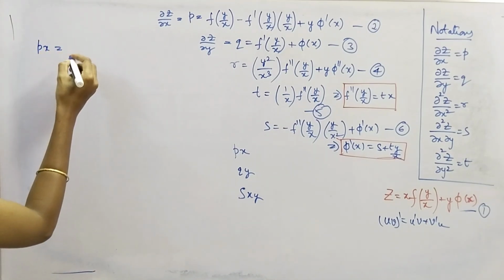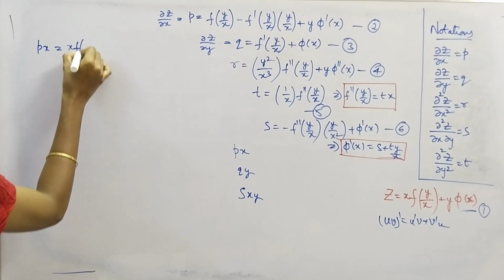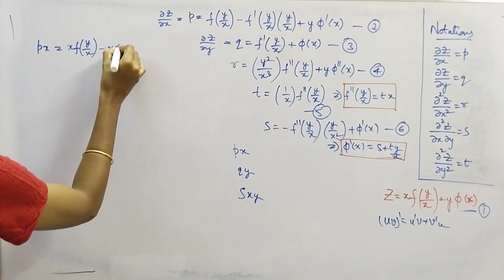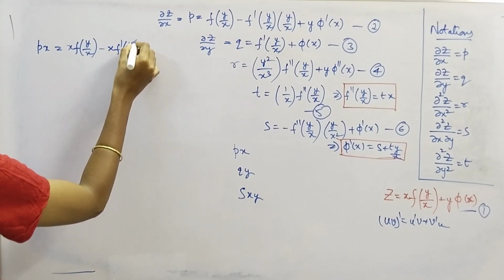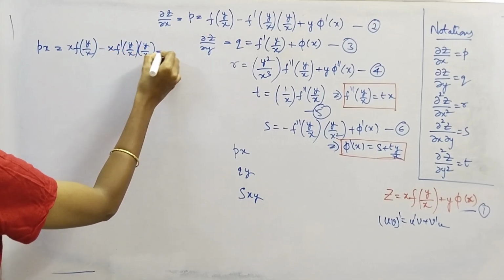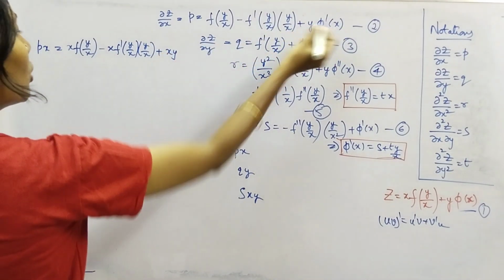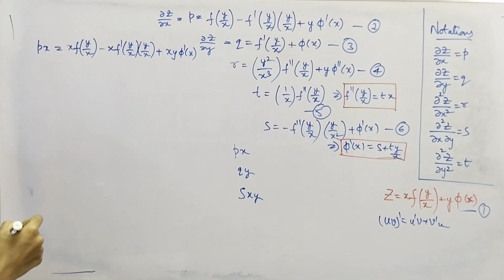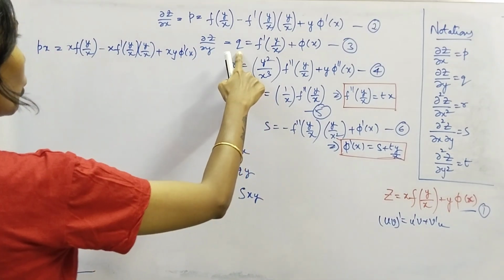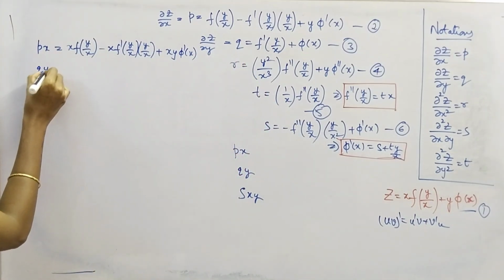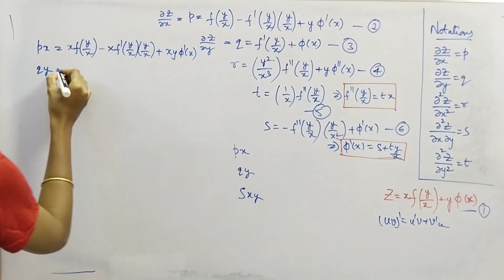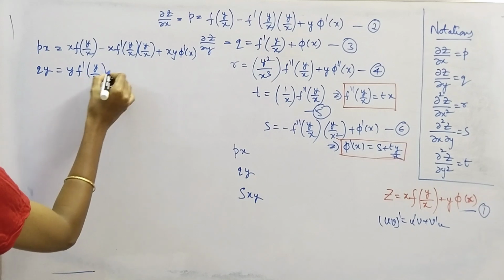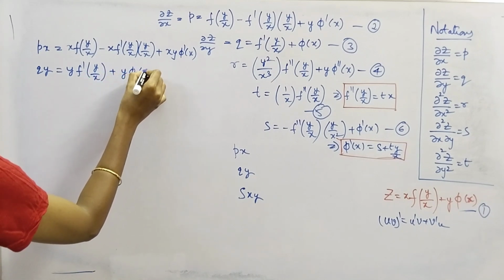If we find px, we'll have x into f of y by x minus x into f dash of y by x into y by x plus x into y into phi dash. Okay, now let's find qy. Just multiply y to this equation, you'll get qy equal to y into f dash of y by x plus y into phi of x.